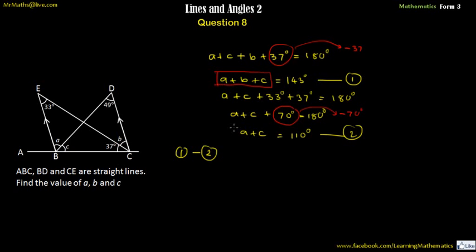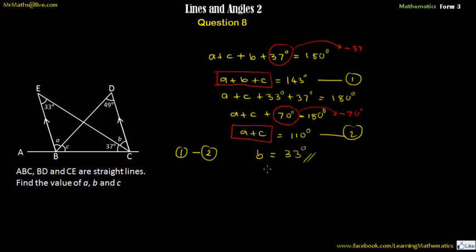If we subtract these 2 red boxes, equation 1 minus equation 2, what will happen? A minus A is gone. C minus C is also gone. What is left is B. Then 143 minus 110 becomes 32 degrees. So that is the value of B.